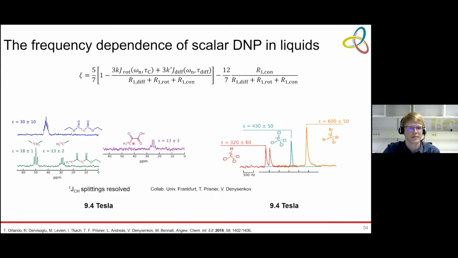We can obtain decent signal enhancements, and we can even resolve all the splittings here. So it's working well also on other compounds, on non-halogenated compounds.